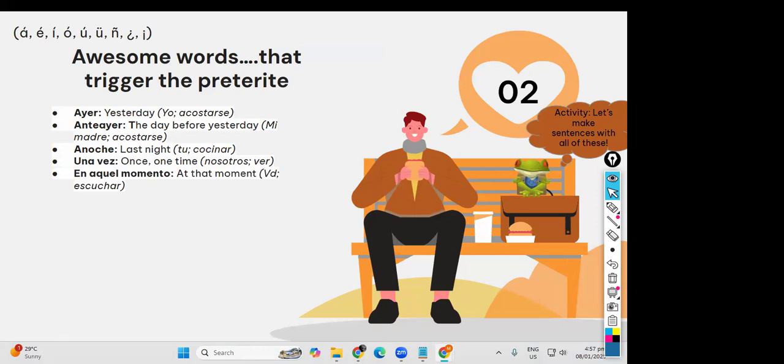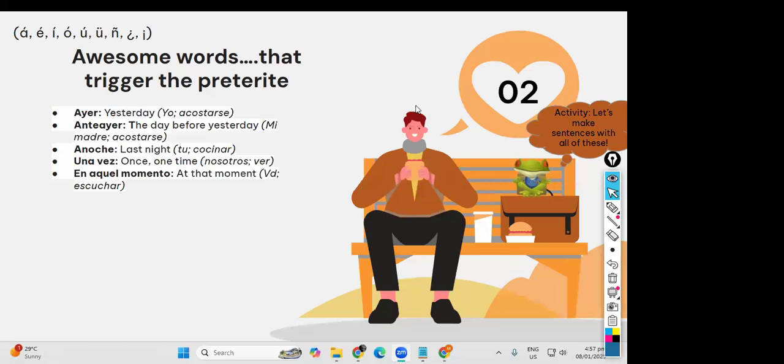what does acostarse mean? Do we remember we've met it before? Yeah, to lie down. Okay, so like to put yourself into bed, right? All right.